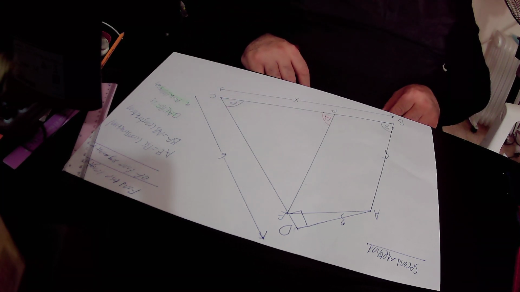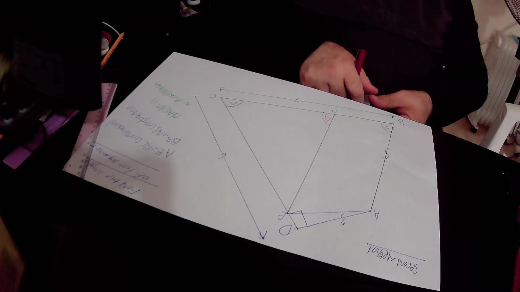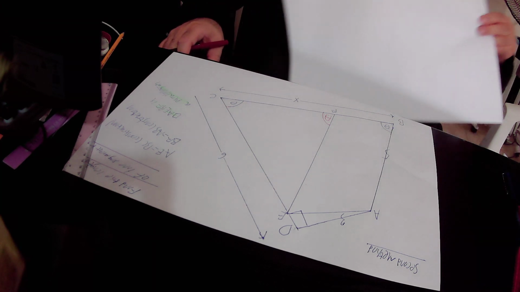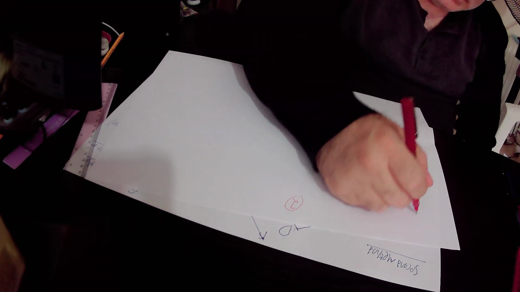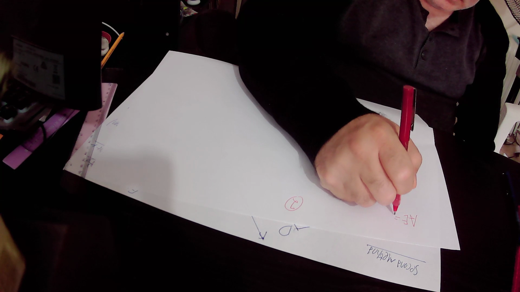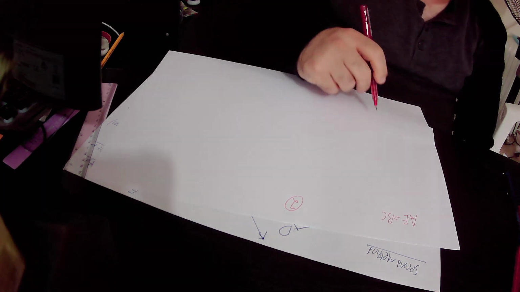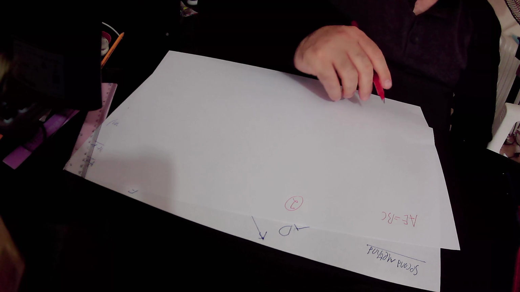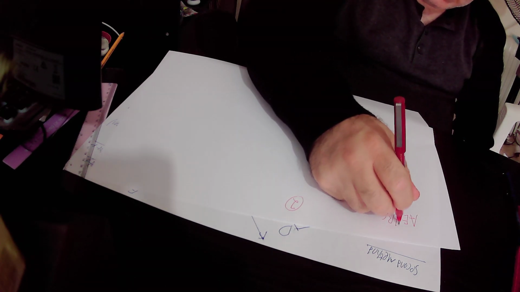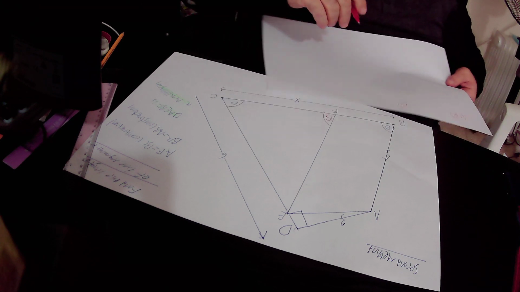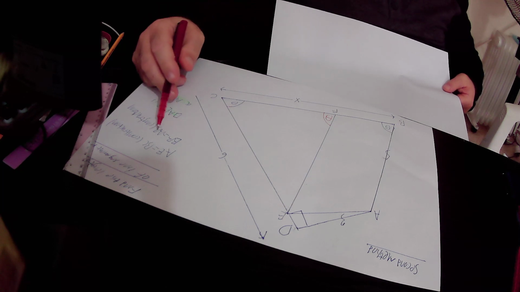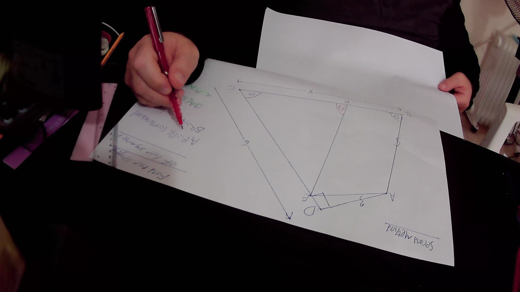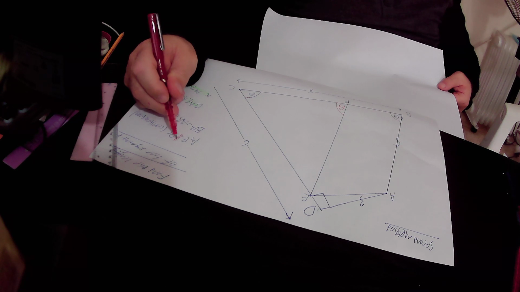So AE is parallel to BC according to our construction.